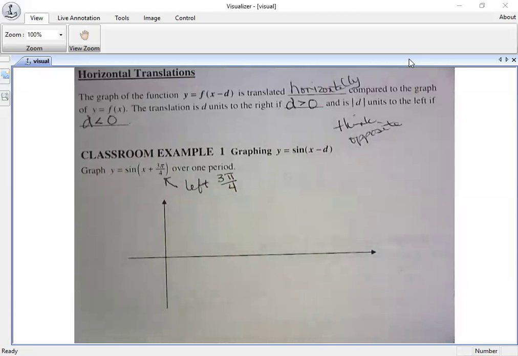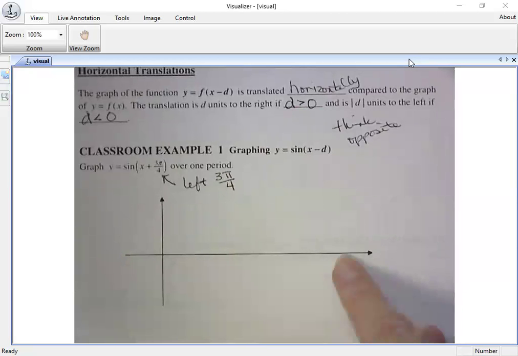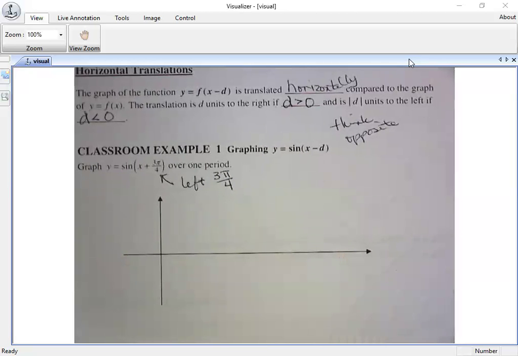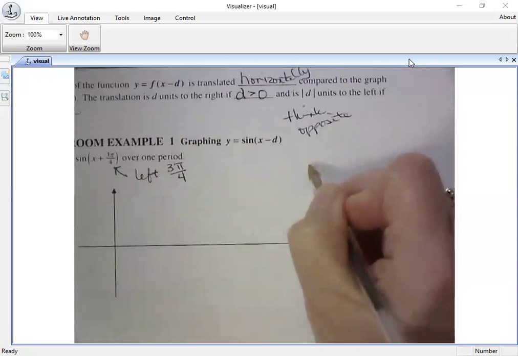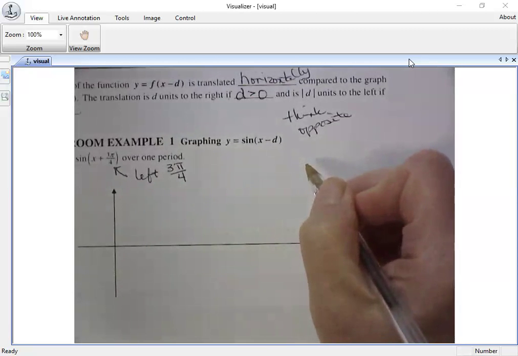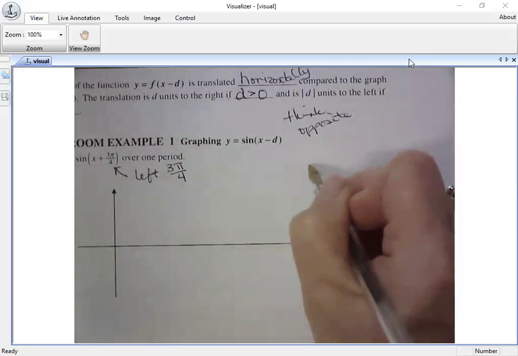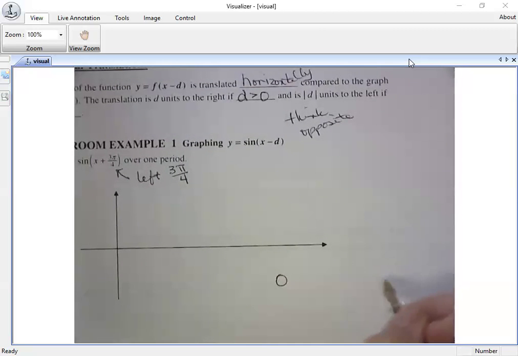Okay, now here's one way that you can figure out, because remember, we've got to be able to mark on our axis where all of these key points are for high point, low point, axis, right? So this is probably the easiest way to find it. Take whatever is in this parentheses, and a normal period goes from where to where? 0 to 2 pi.